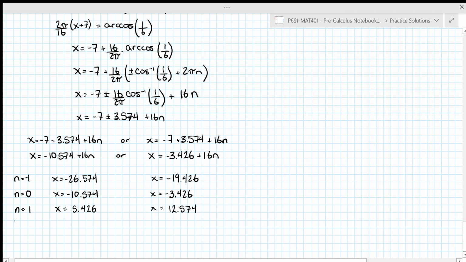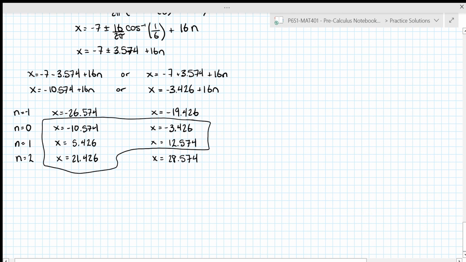I do want to find that one last one. I need to go to n2, add 16 to this, and I get 21.426. The last one I estimated was at about 21.5, so that's it. Add 16 to this one if I wanted to, 28.574. The 5 solutions that you see are just right there.